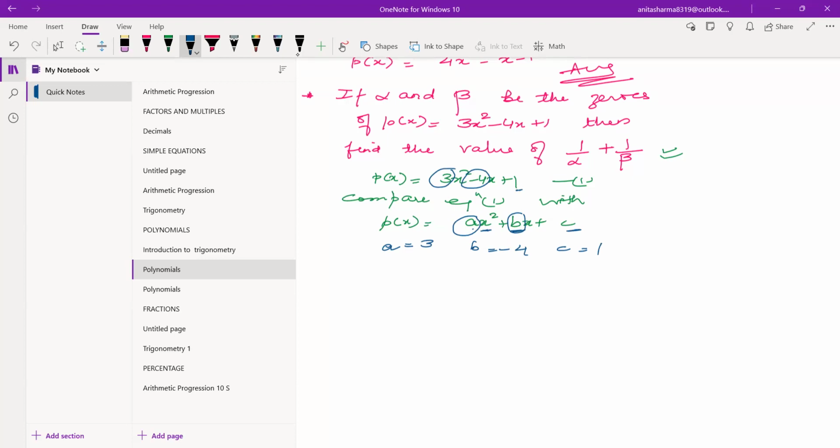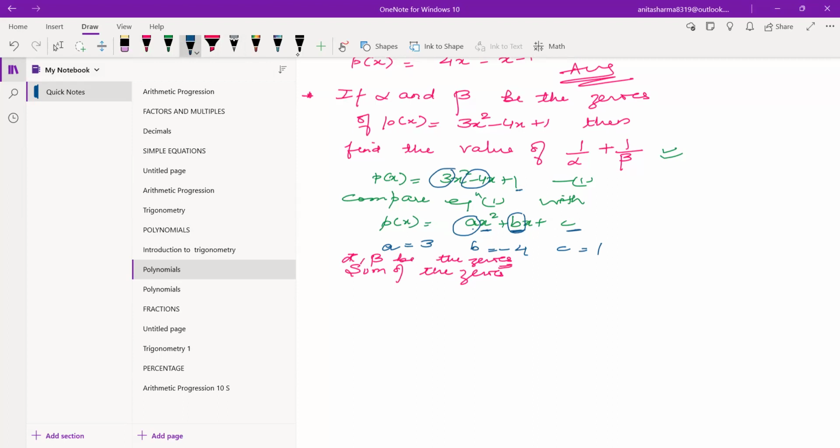So see children, after that, in each and every question, you will find the sum of the zeros. Before that, you will write alpha and beta are the zeros. What do you mean by zeros? Means roots, the value of x.